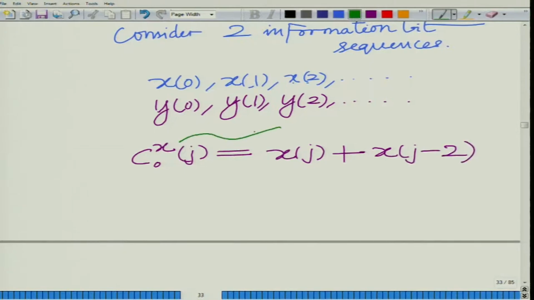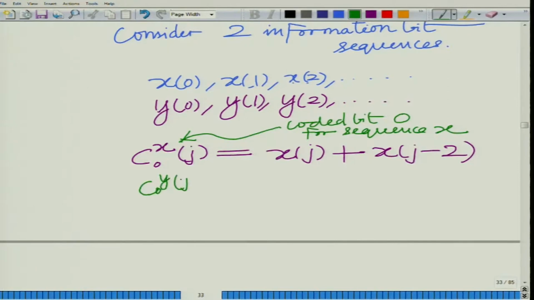This is the coded bit for sequence x. Similarly, the coded bit 0 for sequence y will be yj plus yj minus 2.